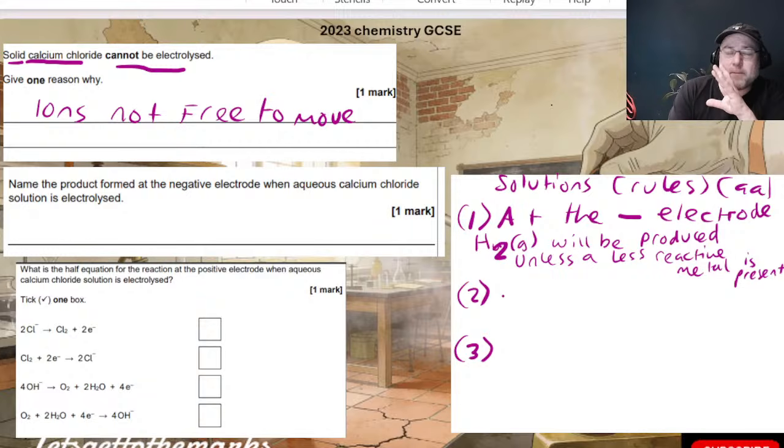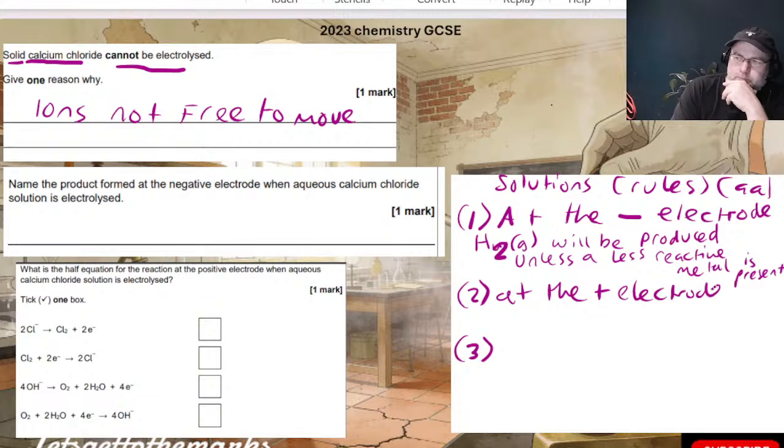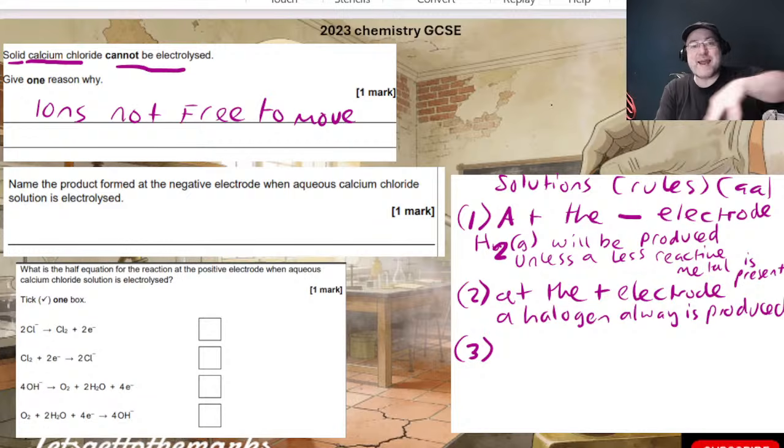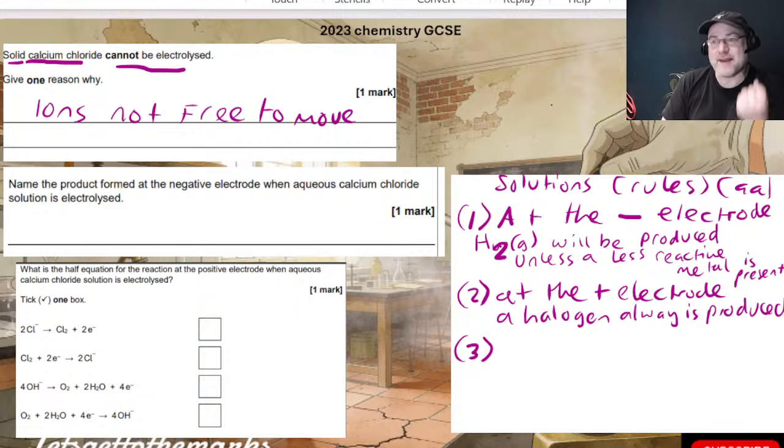Now, at the positive electrode, a halogen always is produced. Do you know what a halogen is? It's a group 7 element: fluorine, chlorine, iodine, bromine. If it is present, it's always coming off.